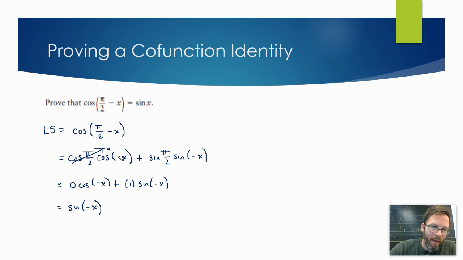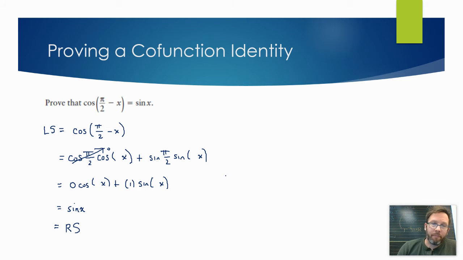Oh, it's just a cosine of x, and it's just the sine of x. That was a silly mistake, but we figured it out. And that just gives us sine x. So yeah, you can prove your cofunction identities by using the compound angle formulas that we developed in our fourth lesson. So that's pretty cool.